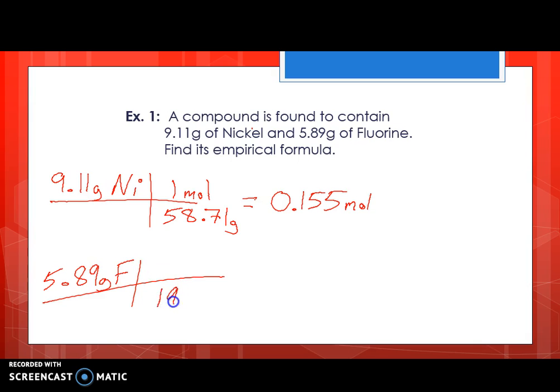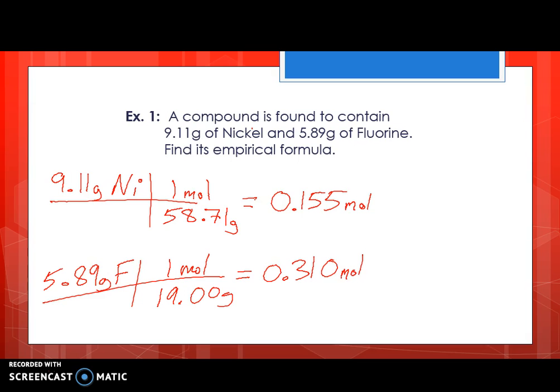So fluorine, 19.00 grams in 1 mole. Do the math, 5.89 divided by 19 gets me 0.310, 3 sig figs there. So that's step 1, convert to moles.